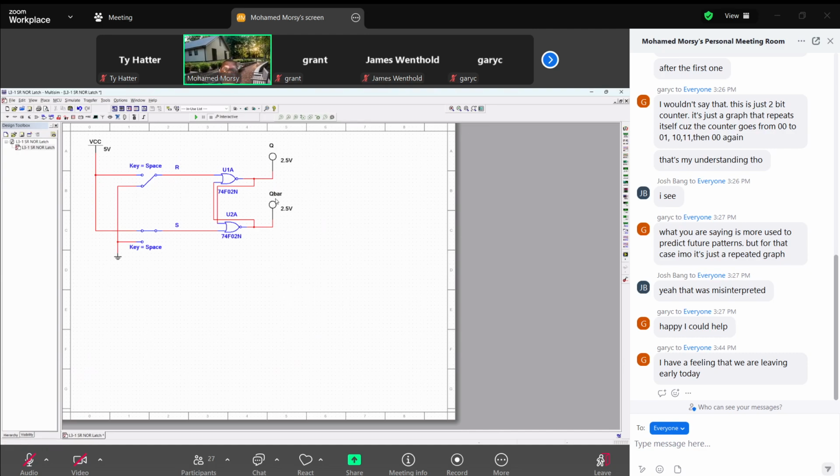So for the flip-flop, if we turn on the circuit, if S is 1 and R is 0, set the output to 1, output is Q. If R is 1 and S is 0, reset the output to 0, as you see here. 0, 0, no change. 1, 1 is not allowed.